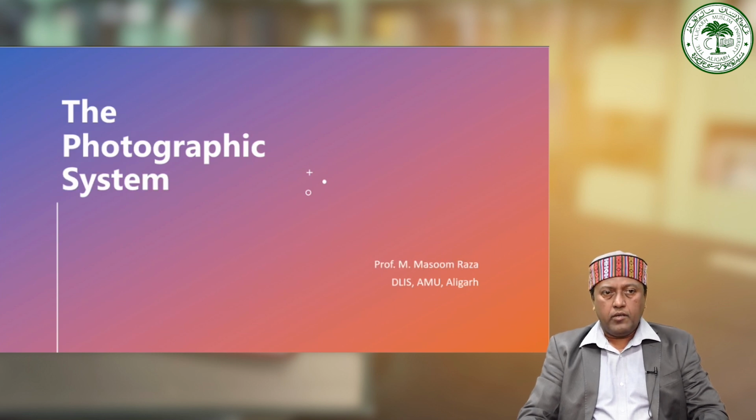So today I'll tell you about the photo charging system, or simply we can call it the photographic system also. These two systems were tried in some of the libraries in America and elsewhere. The idea was that if the whole process of charging can be photographed and proper record keeping can be done, because the most important thing here, especially in the circulation system, is to record the charging and discharging process.